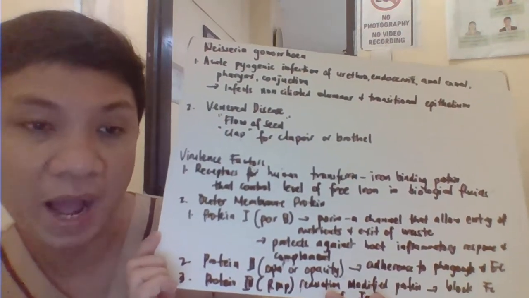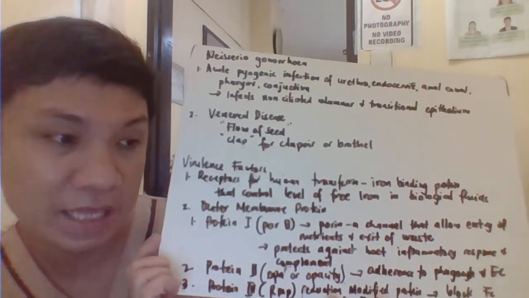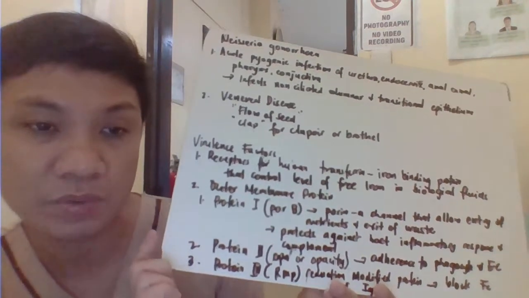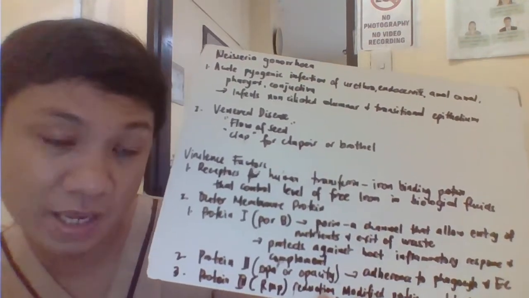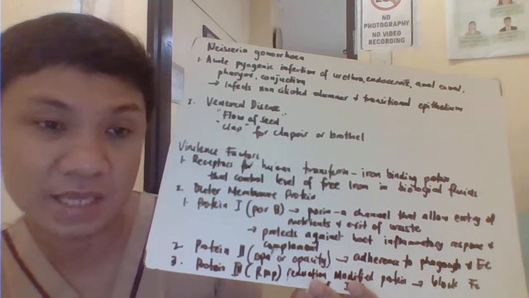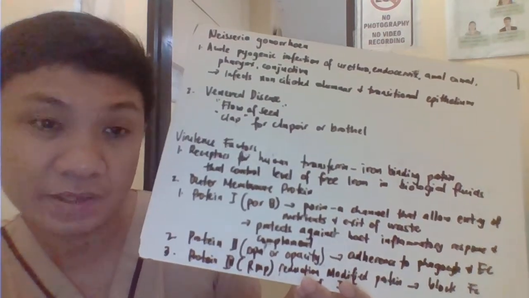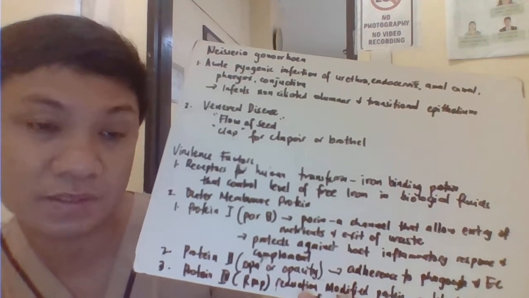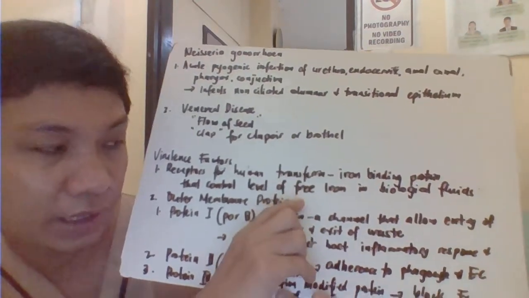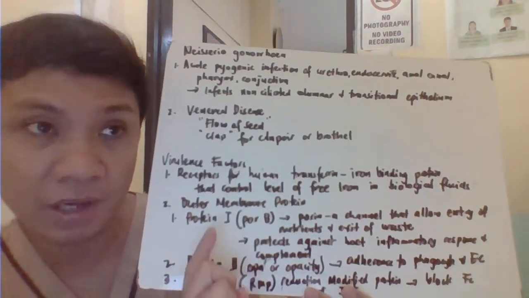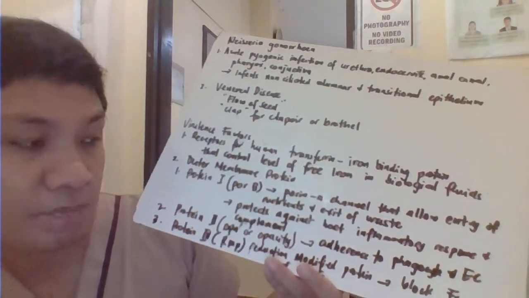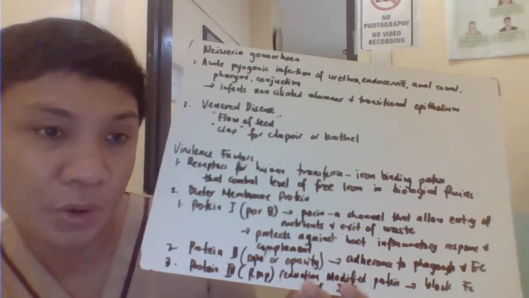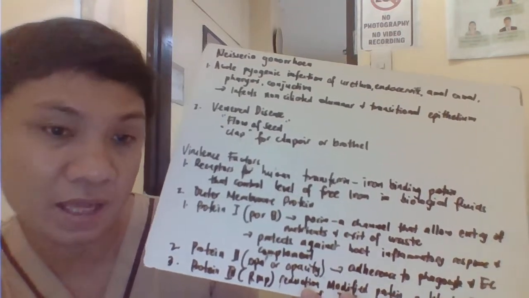We have protein 1, which you call porin. It is a channel that allows the entry of nutrients into the bacteria and also the exit, or excretion, of the bacteria's metabolic waste. This outer membrane protein is responsible for protecting the bacteria against the host's complement activity.